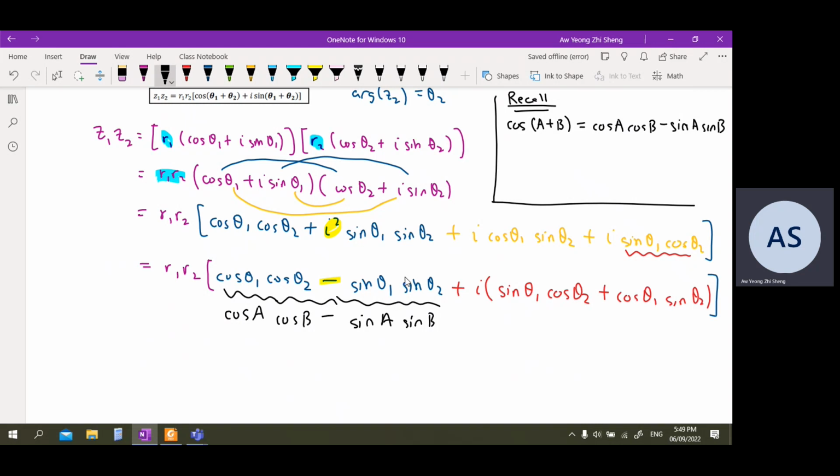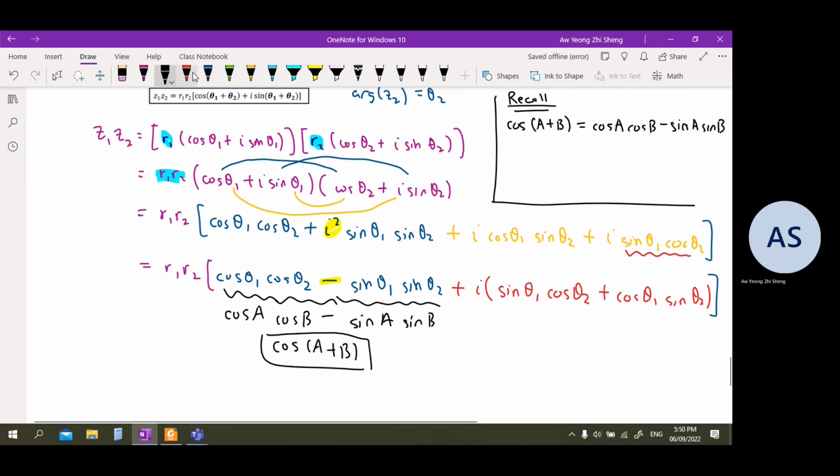If you don't memorize the trigo formula, it will be hard for you to identify that here we actually have a situation where we can apply the trigo formula in the reverse direction. So we do have the form cos A cos B minus sin A sin B, which if we apply the trigo identity from right to left, you will end up having just cos of A plus B.